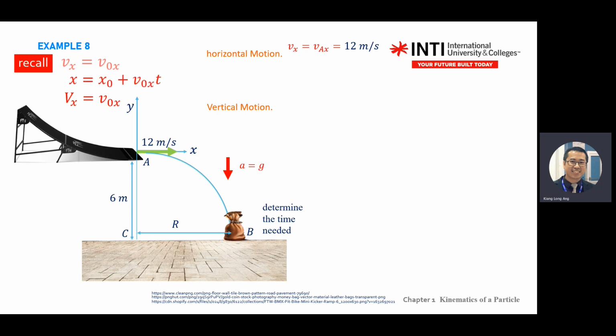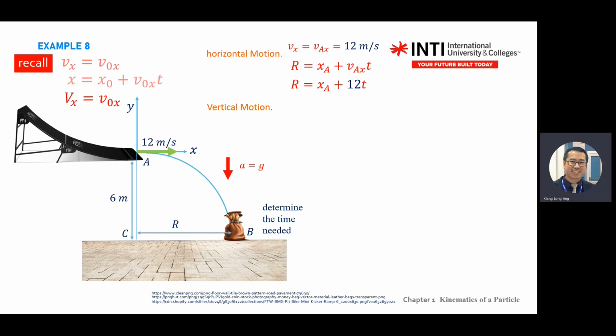V naught x, what is this? 12, and you need to find the time. So you substitute this R equal to XA, initial position in X, and VAX, T. So you have this equation. You can replace R with BC, also can.